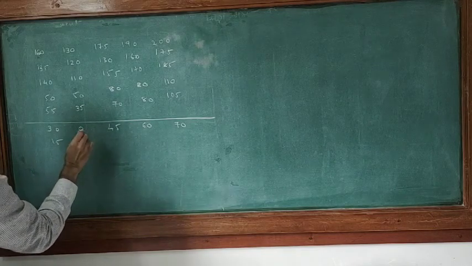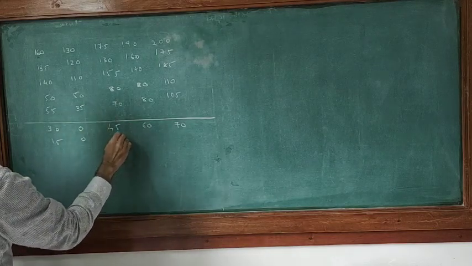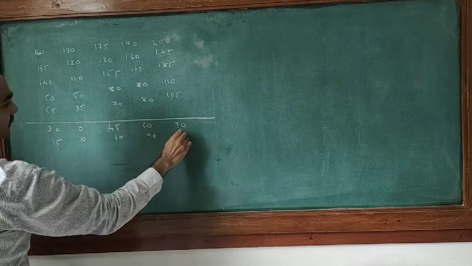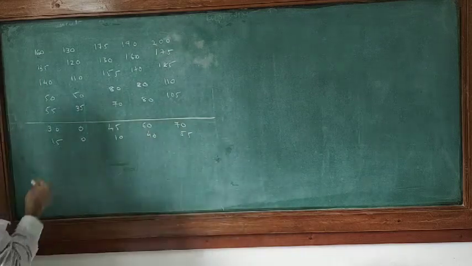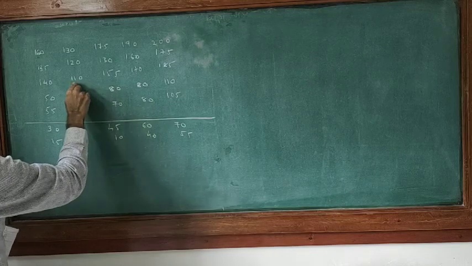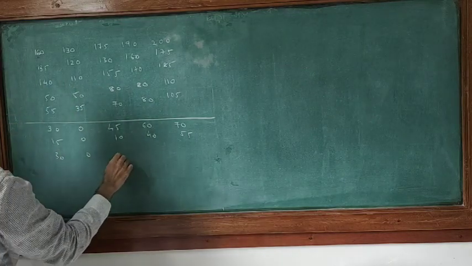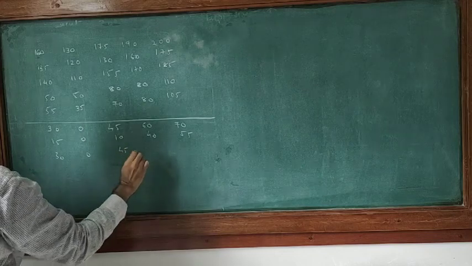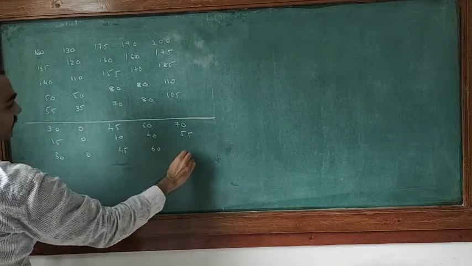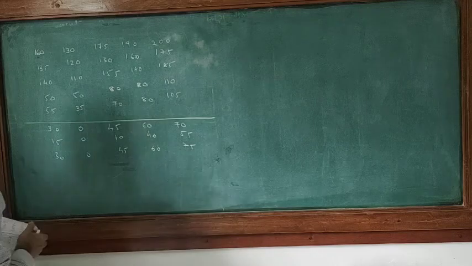50, 0, 10, 40, 55. Then 110 is minimum, which gives 30, 0, 45, 60, 75.